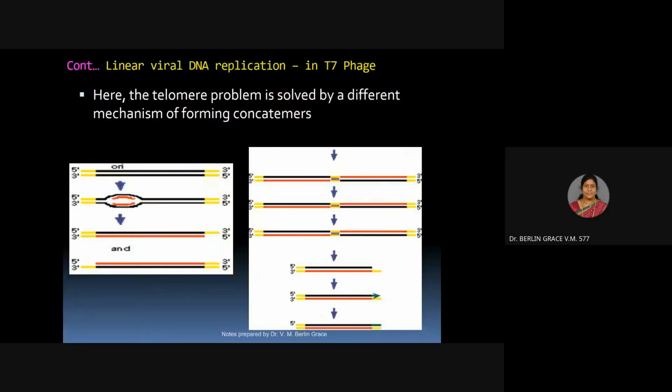In one more strategy, this DNA will form a concatemer, and that concatemer will then break, and from there the replication can proceed to complete the end sequence synthesis.